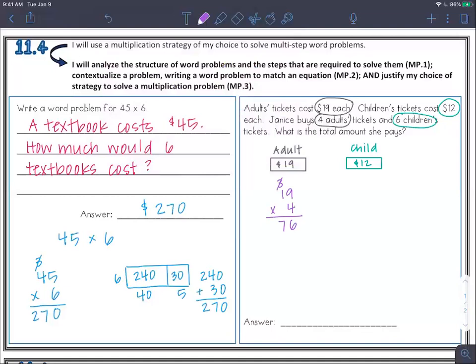Now I have to do the same thing for the children's tickets. They're $12 each, and I'm buying 6 of them. 2 times 6 is 12. 1 times 6 is 6. Plus 1, 72. Now I have to add those, right? $76 for the adult tickets, plus $72 for the children's tickets.